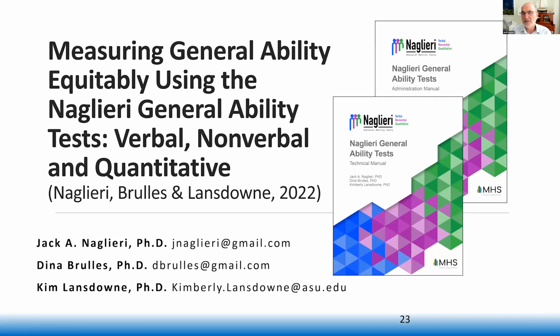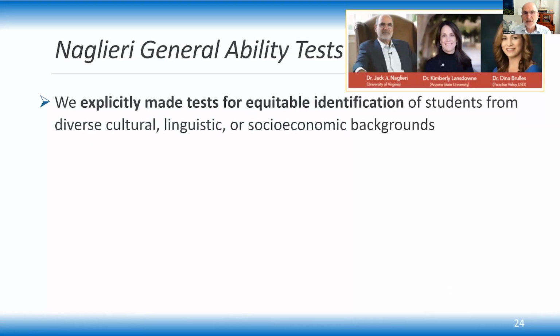I'm going to say it again. We created three tests in the traditional model to measure general ability using verbal content, nonverbal content, and quantitative content. And we did this very explicitly.